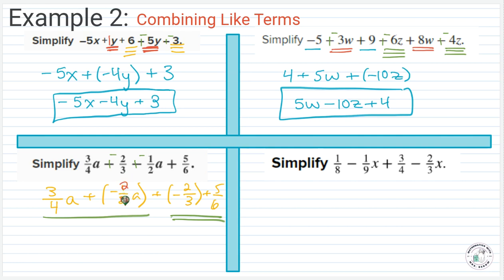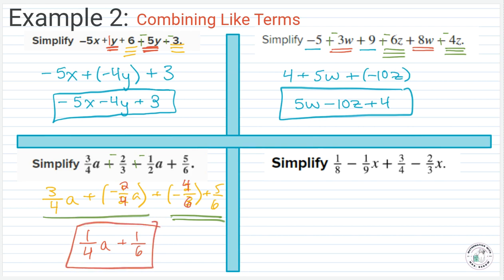So 3/4 a plus -2/4 a leaves you with 1/4 a. This -2/3, that's the same as -4/6, right? If I multiply each of those by 2. So -4/6 plus 5/6 is going to be 1/6. So the final answer on this will be 1/4 a plus 1/6.